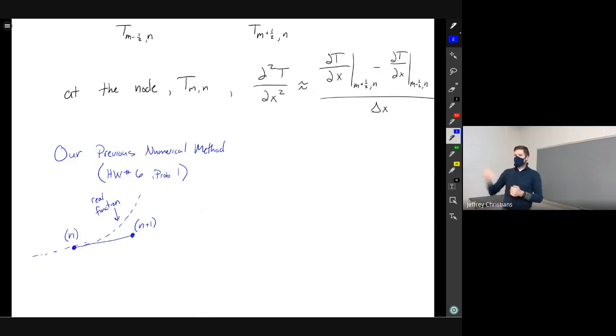Remember that when you set up your equations, you take the slope at time 0 and use that to extrapolate what the temperature is going to be at 5 seconds. Then you take the slope at 5 seconds and extrapolate to 10 seconds, then to 15, and then to 20.